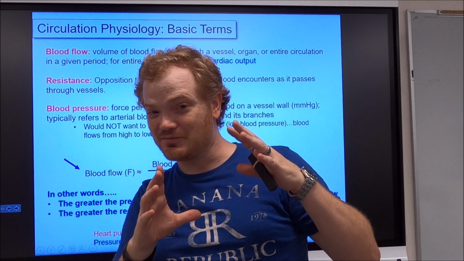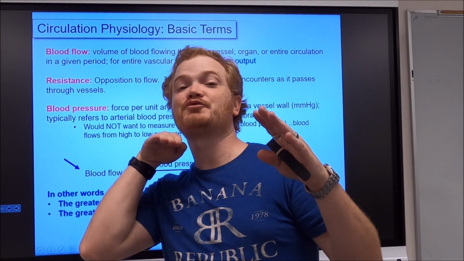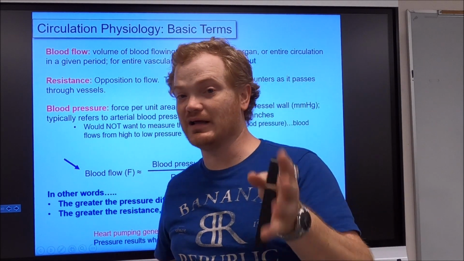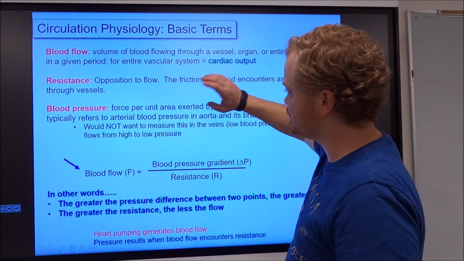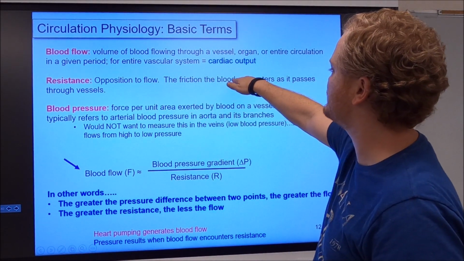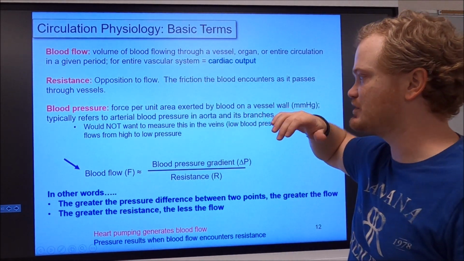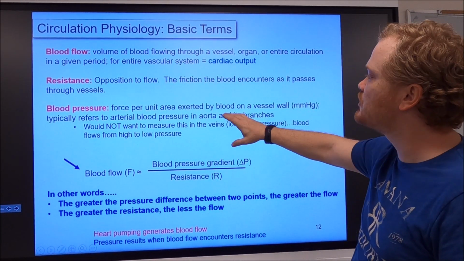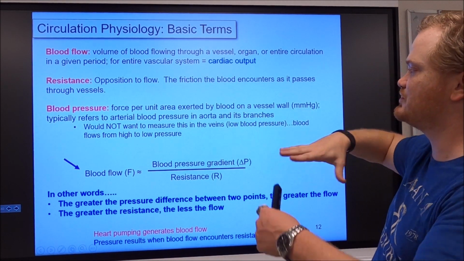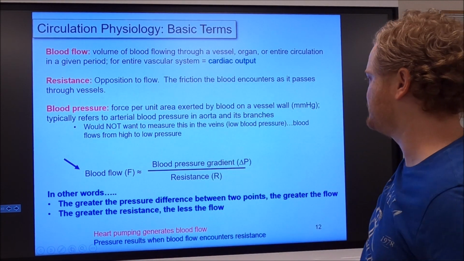Whereas if you dilate a blood vessel, it really opens up, and that allows for more blood flow because there's less resistance. So resistance is the opposition to flow, it's friction within the blood vessels, oftentimes based off of vasodilation and vasoconstriction. And then blood pressure, force per unit area. This is going to be generated by the heart.